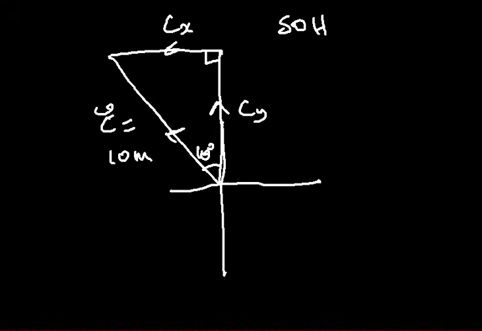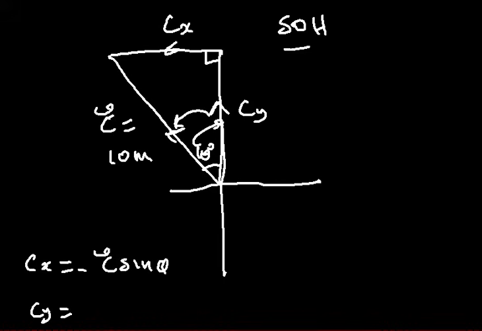Now why actually along x are we having sine? Because the angle is against the y-axis. So for this case, Cx will be given as negative. Why negative? Because it is pointing towards the negative direction. So negative vector C sine theta. Because the angle is against the y-axis, we have opposite over hypotenuse, that is sine theta. And also in the same way, for y we have adjacent over hypotenuse.